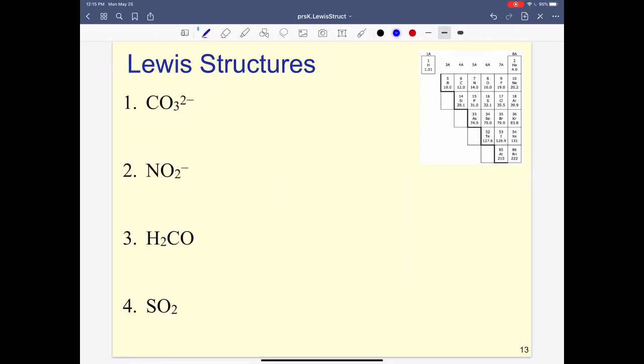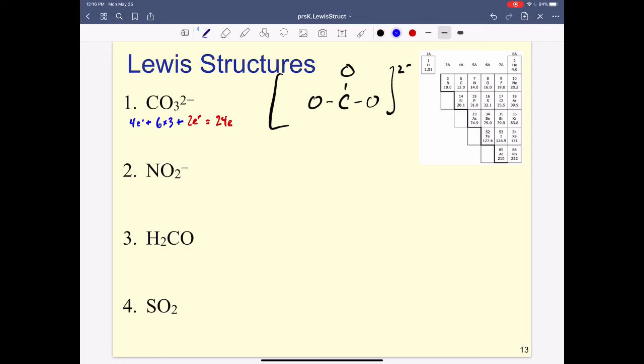So carbonate, with its 4 electrons plus 6 times 3 plus the 2 extra electrons, for a total of 24 electrons. Carbon in the middle, 3 oxygens around it. We'll put our square brackets to get that out of the way. And so I have 12 lines available.